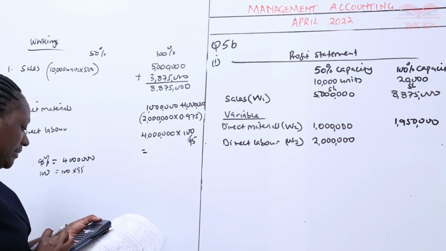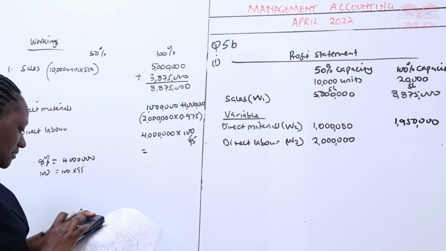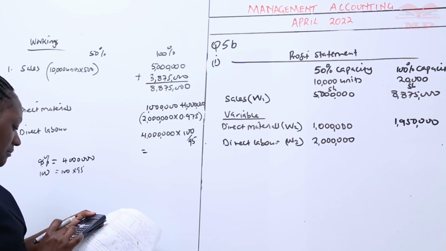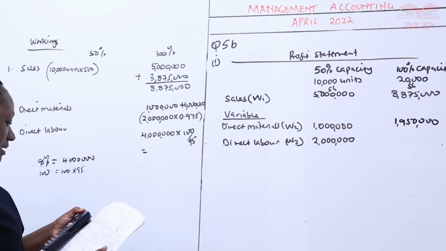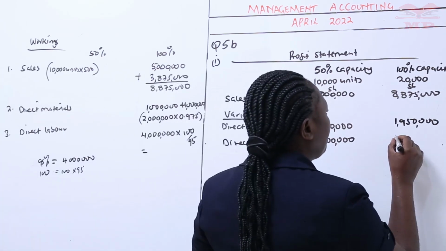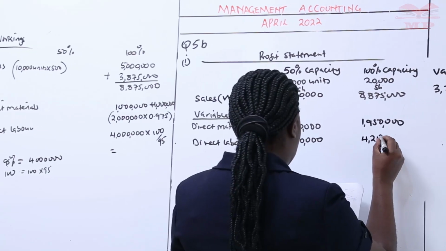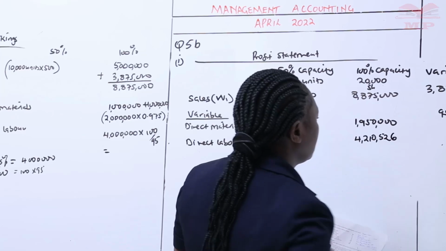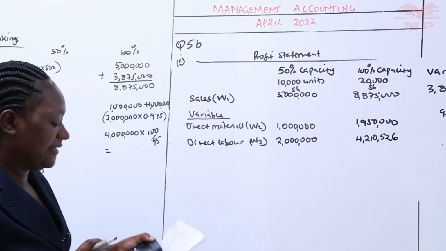we have 4 million, I get 4,210,526. From there, get the variance.